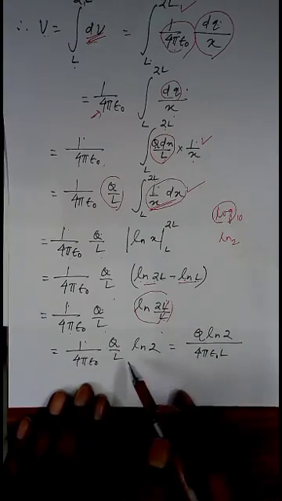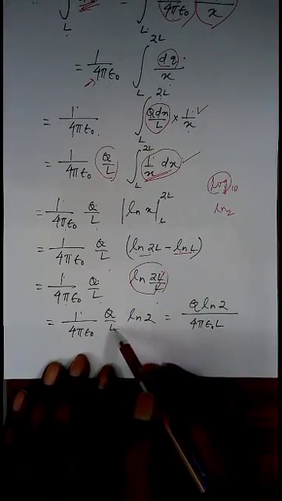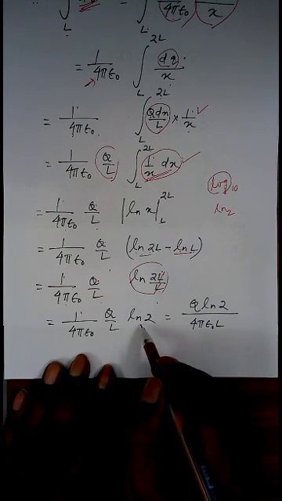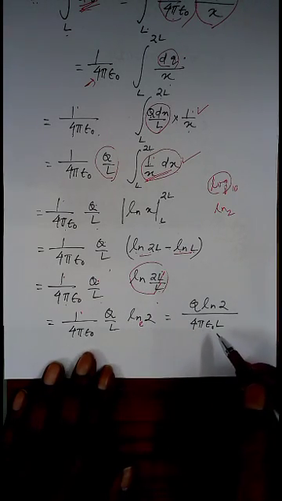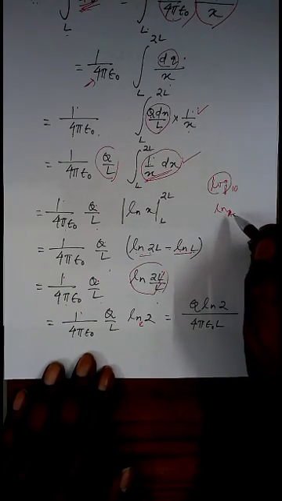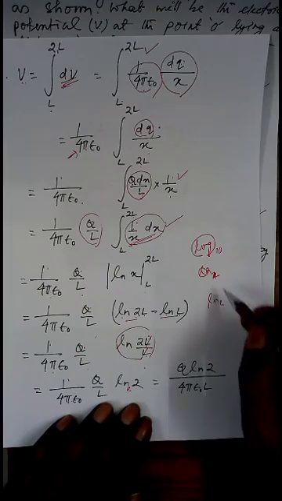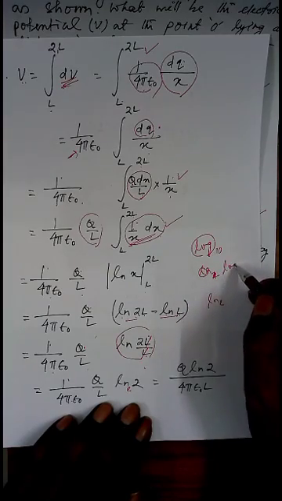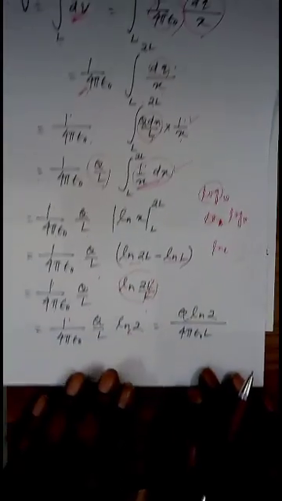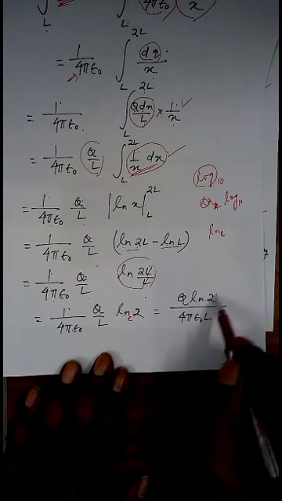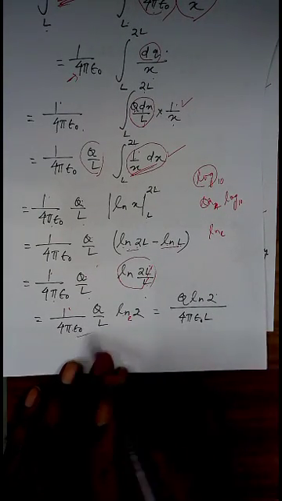So 1 by 4 pi epsilon naught capital Q over L, ln of 2 with respect to base e. Sorry, this is when it is written like this, the base is e. When it is written like this, the base is 10. So this comes out to be Q ln 2 over 4 pi epsilon naught L.